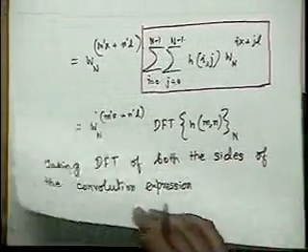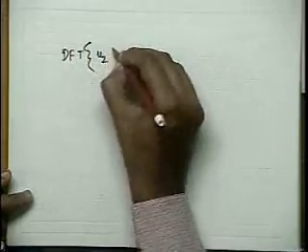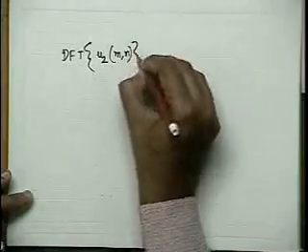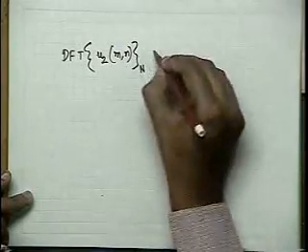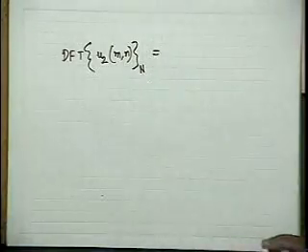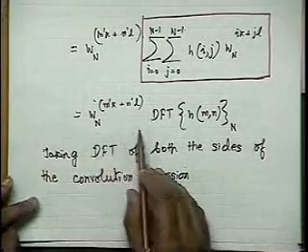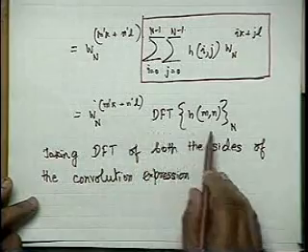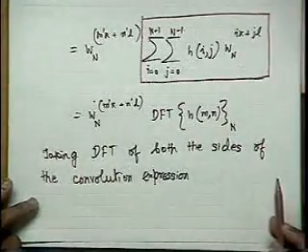What I have on the left hand side is simply DFT of u2 m n. Of course, it is a DFT with a base capital N. And what is the right hand side? Please apply the definition over here that 2D DFT of h of m minus m prime, n minus n prime has been already obtained like this.